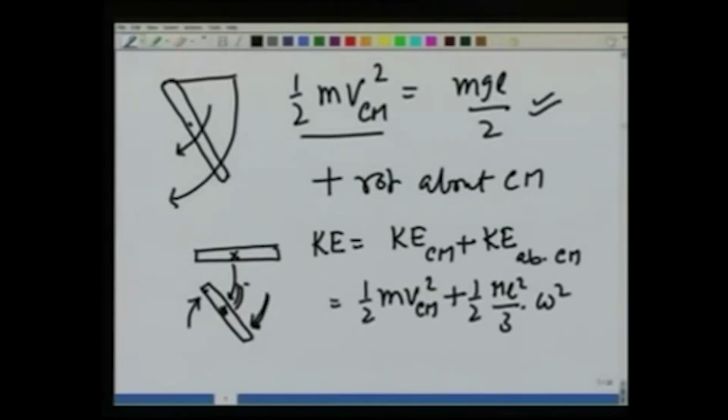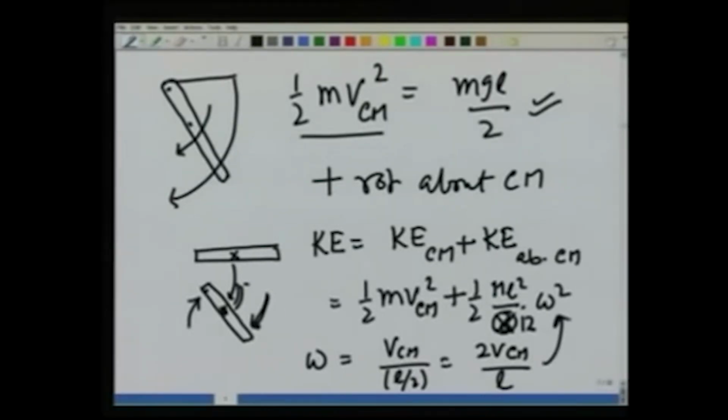Omega by definition here is going to be Vcm divided by L by 2, which is 2 Vcm divided by L. Oh sorry, about center of mass, this should be 12, not 3. It is 3 about the point O, about Cm it is 12. If you substitute these numbers in, you get precisely the answer that you got earlier.